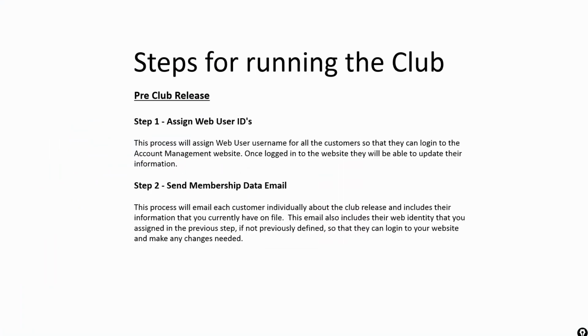The next step is to send all our club members what we call a membership data email. Each customer gets an individually created email that has information about the club release, about the information you have on them on file, and their email identity, and a link so they can go onto the website and change things as needed.